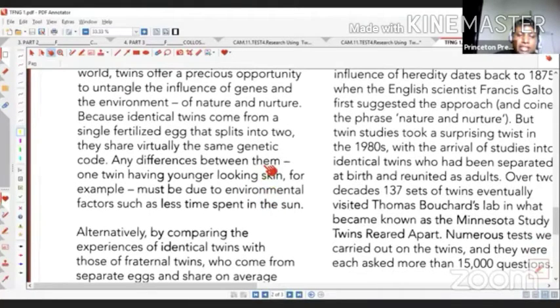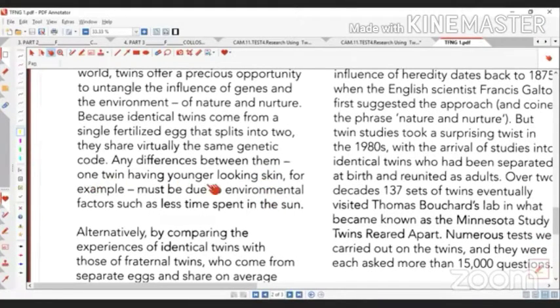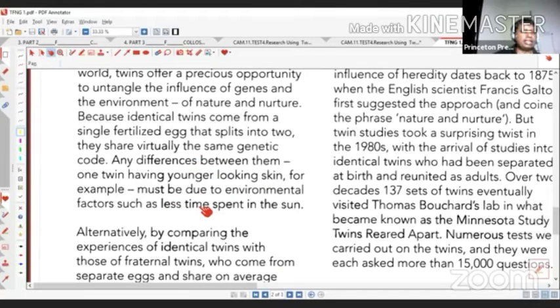Any difference between them, one twin having younger looking skin, for example, must be due to environmental factors such as less time spent in the sun.